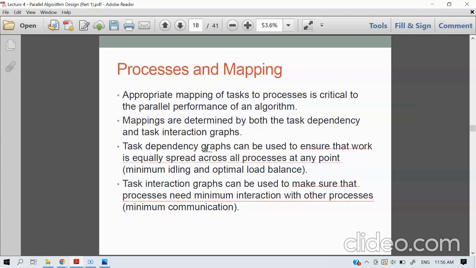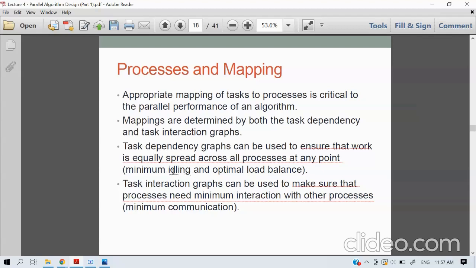So task dependency graph, okay, you can use this graph to ensure that work is equally spread across all processing at any point. Sebab kita nampak node tu kan, dia depends to node yang mana kan. So when you implement task dependency graph, actually you will make this process minimum idling.